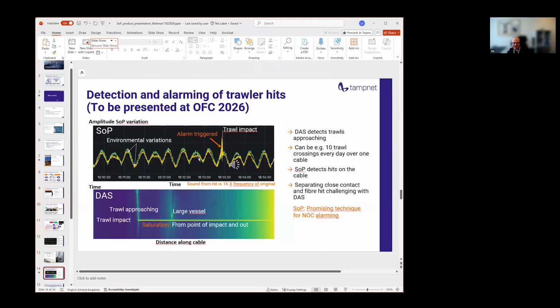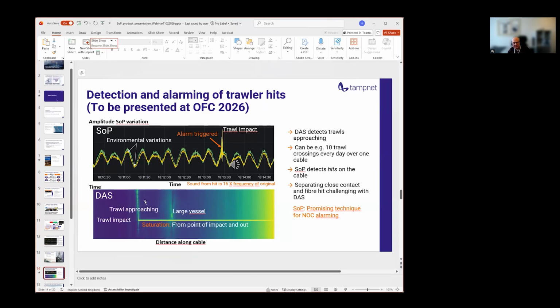This is an example. Here we use an alien wavelength in a transmission system, and there is actually a trawl hitting the cable. We see a very short SOP fluctuation because this trawl is just passing over, hitting it. So it lasts for only a few seconds. Still, the frequency content of this is typically below 100 Hertz.